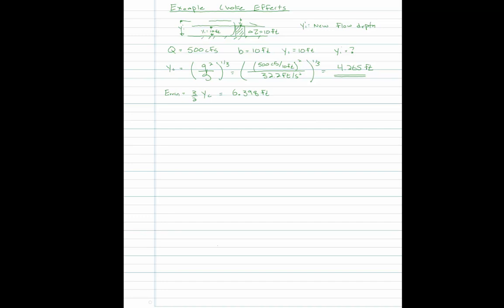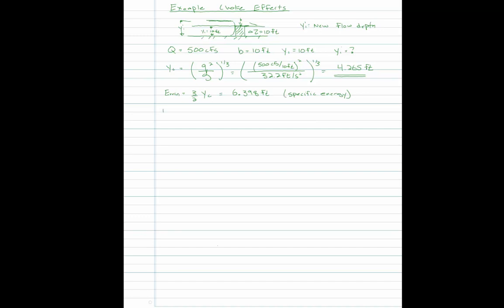Now, here's the water surface. If we were to consider the amount of energy above the sill, so that is the flow depth and the velocity head above the sill required, and so that's the specific energy required.